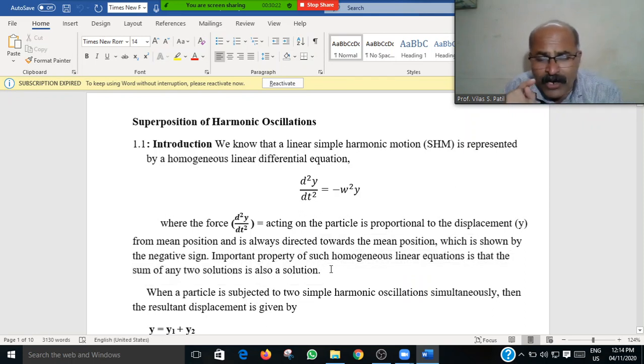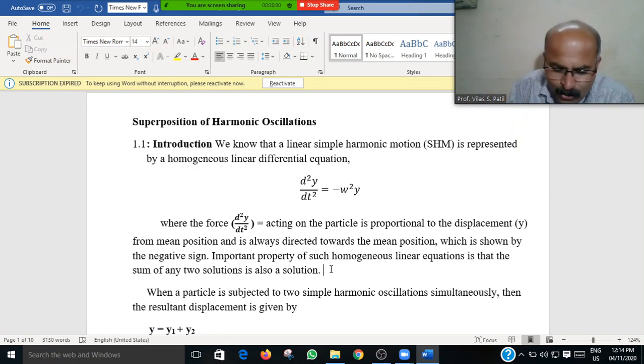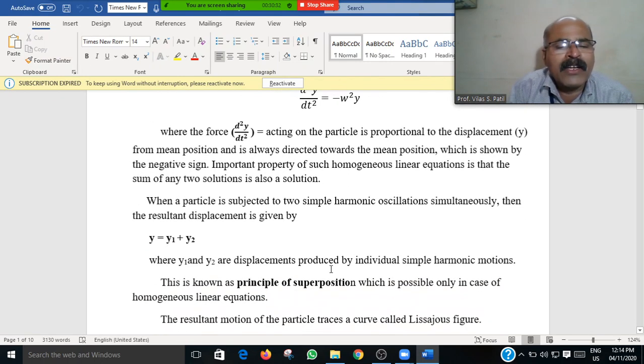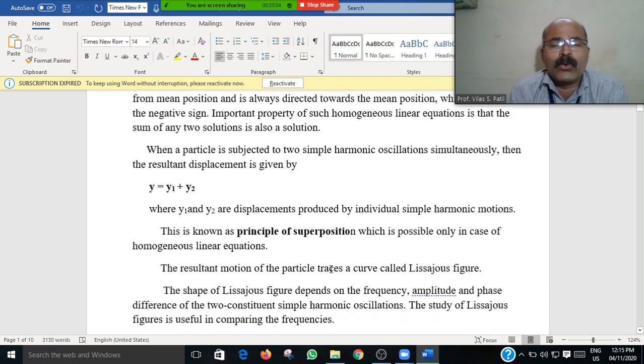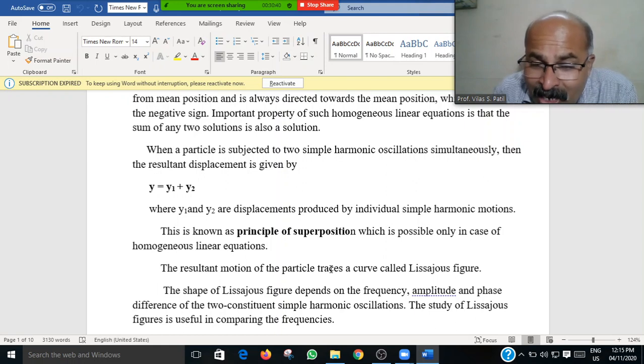The important property of such a homogeneous linear equation is that the sum of any two solutions is also a solution. When a particle is subjected to two simple harmonic oscillations simultaneously, then the resultant displacement is given by.